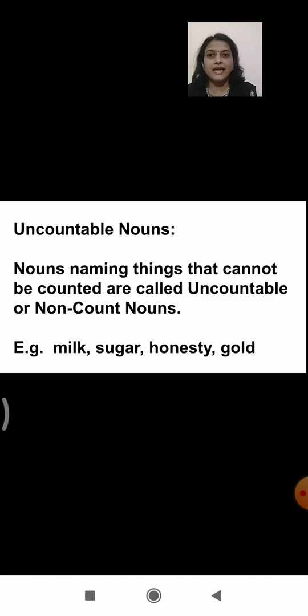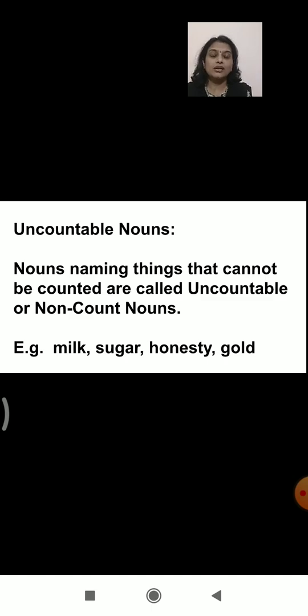So you can say here that uncountable nouns cannot be counted but are measured in units. Okay, we cannot say 1 sugar, right? Can you say 1 sugar, 1 milk? No, but we can say 1 kilo of sugar, 1 liter of milk, right? So you can say that in these examples, the units of measurement are being counted and not the nouns themselves. Okay, so what are counted? The units are counted, not the nouns.